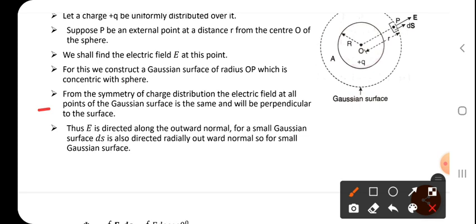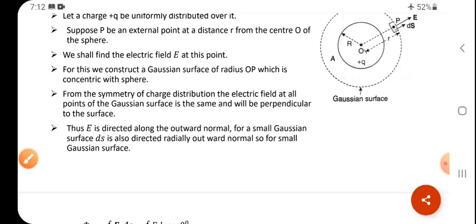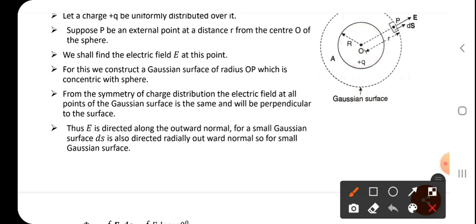What he is saying is, if you consider this point, the charges are distributed like this, and the electric lines of force must be in this direction, perpendicular at this point. Thus E is directed along the outward normal, like this, here like this, and here like this.